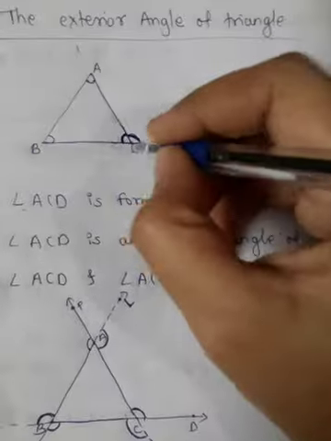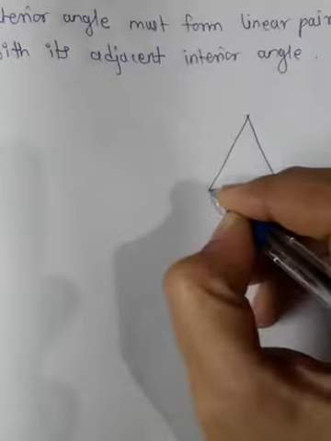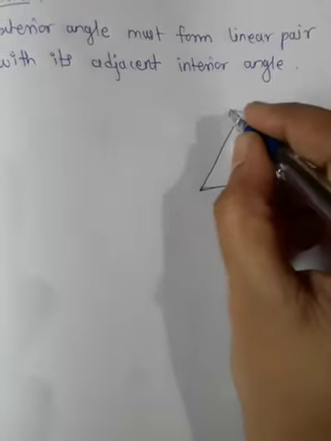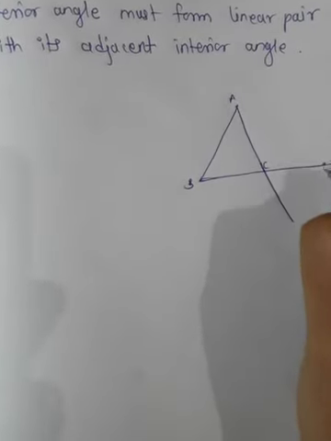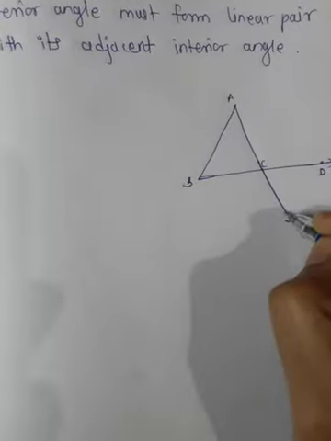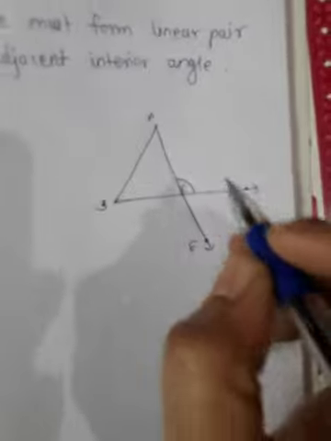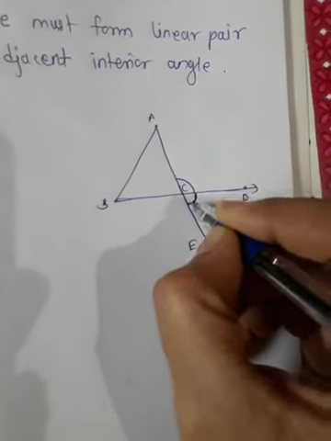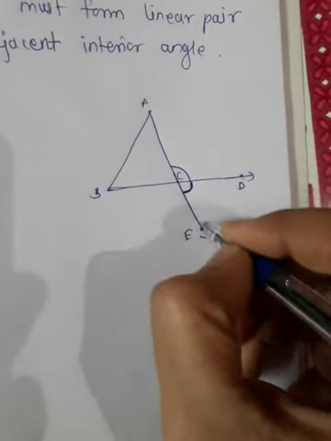If we draw one more figure, suppose this is a triangle ABC. If you extend these sides, this angle is an exterior angle, but this angle, angle DCE, is not an exterior angle.